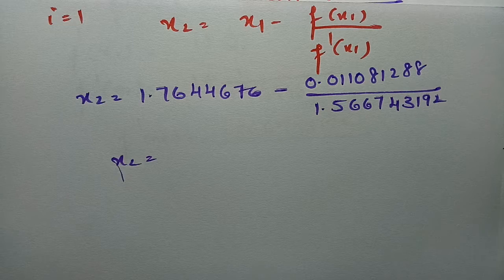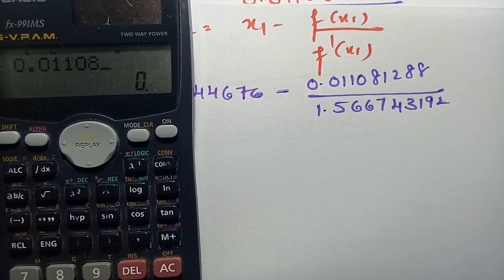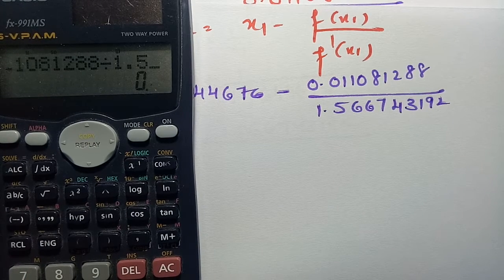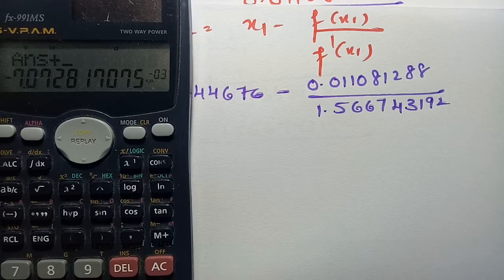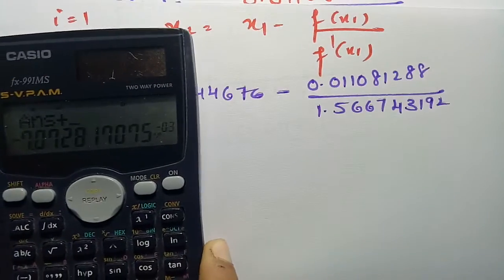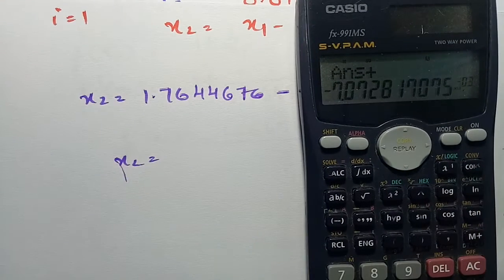So after getting the value of x2, this is 0.01101288 divided by 1.566743192 into minus 1, plus, so there is no minus 1 here, plus this value 1.76444676.